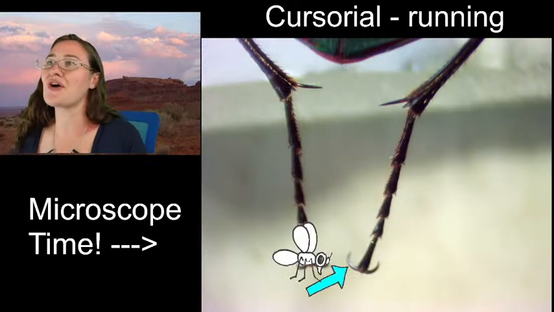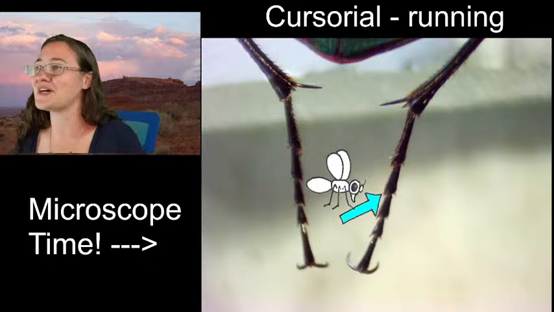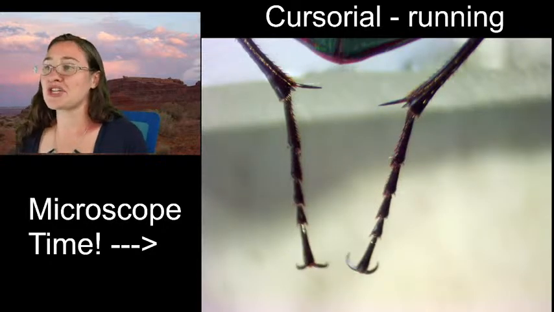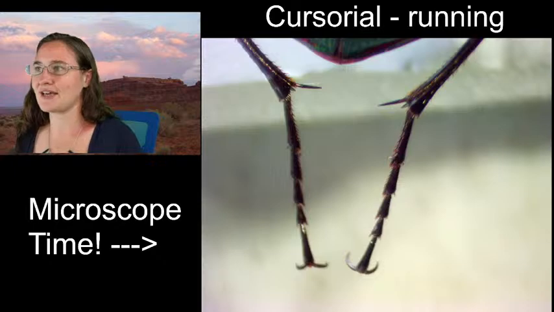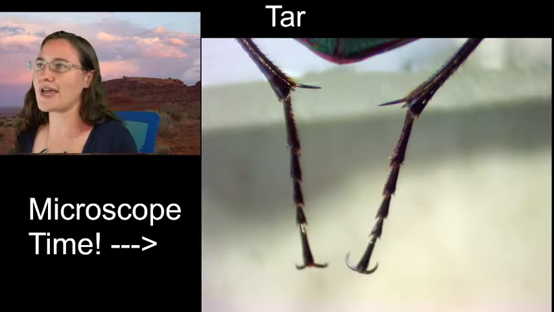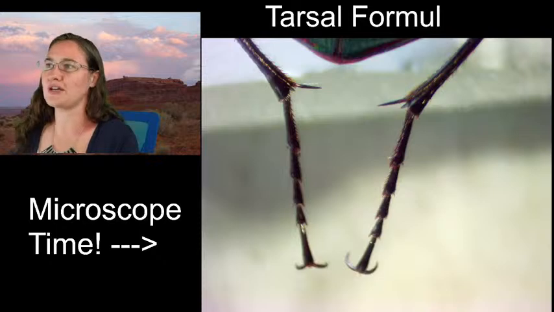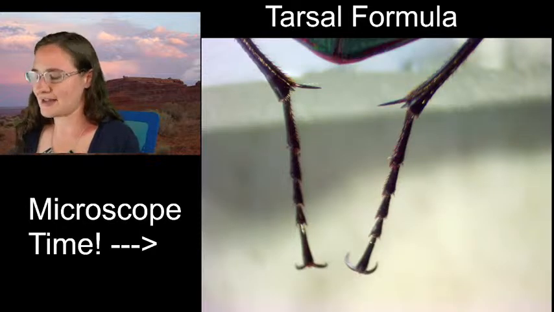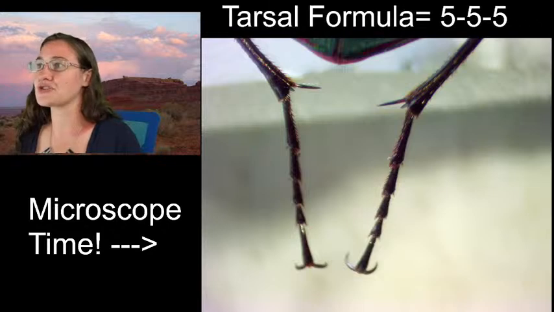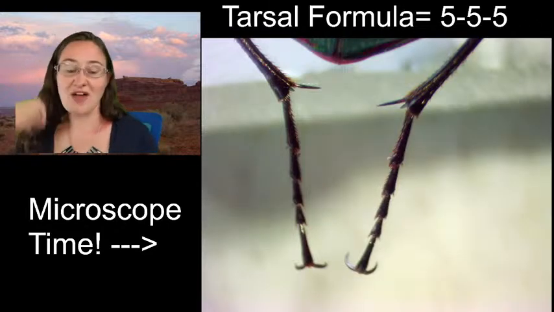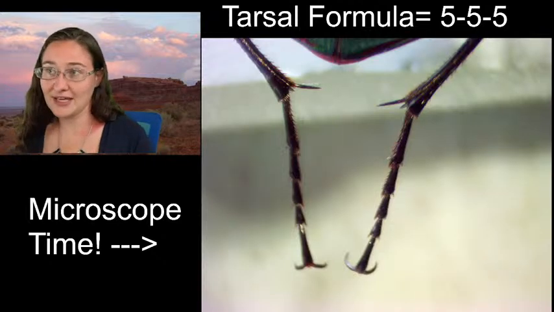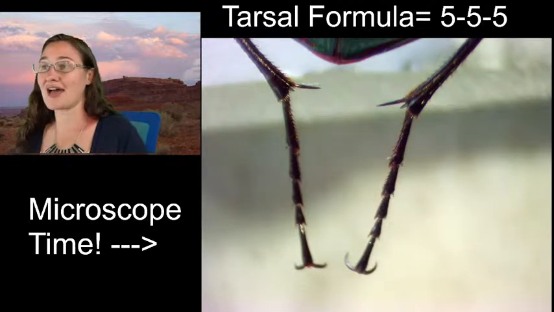And so we're going to go ahead and count anyway, because why not? 1, 2, 3, 4, 5. So if we were going to give our beetle what we call a tarsal formula, it has a 5-5-5 tarsal formula, meaning that it has 5 tarsi on the first leg, 5 tarsi on the middle leg, and 5 tarsi on the hind leg.